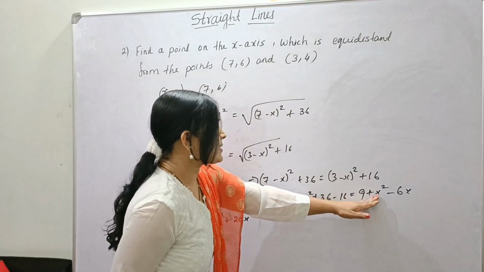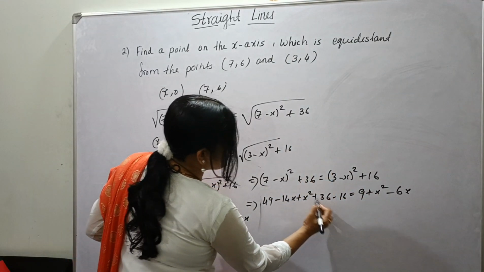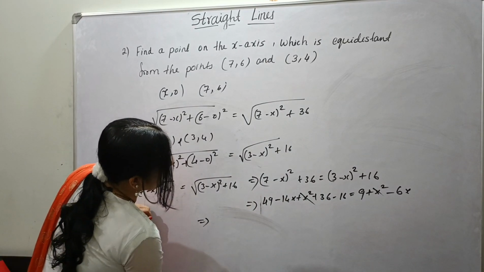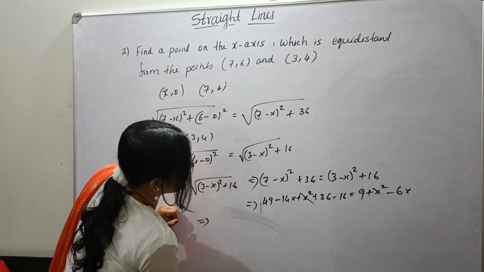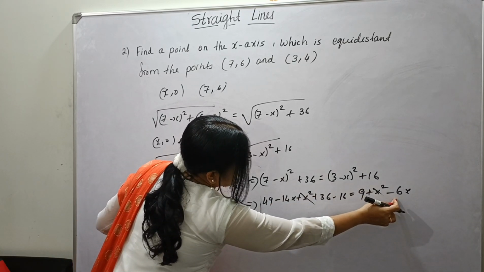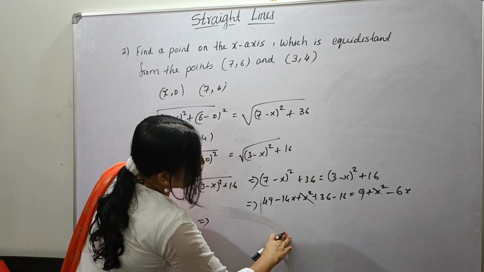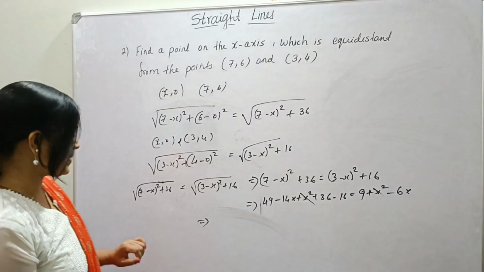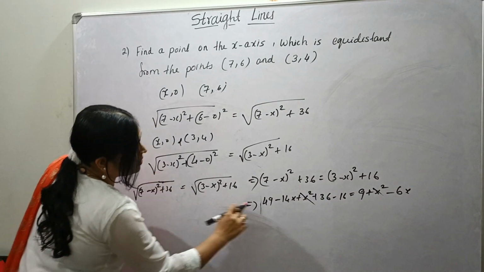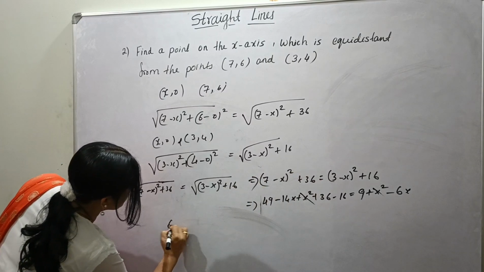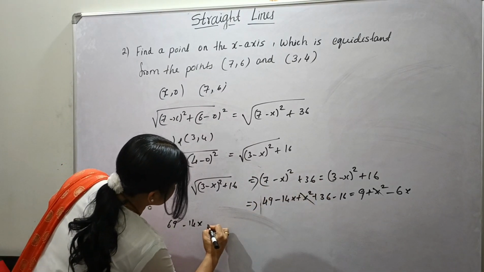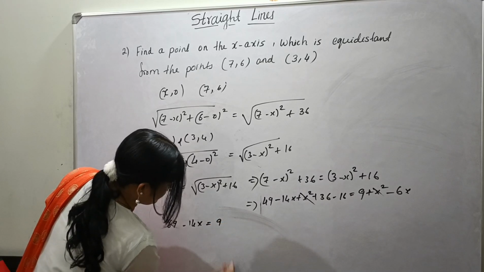The x square on both sides will be cancelled. Then minus 14x on the left and minus 6x on the right, taking it to this side, so it will be minus 14 plus 6. I will write one more step: 49 plus 20, that is 69, minus 14x is equal to 9.